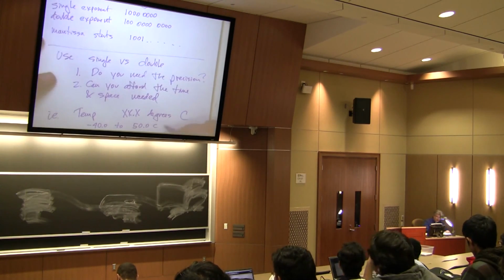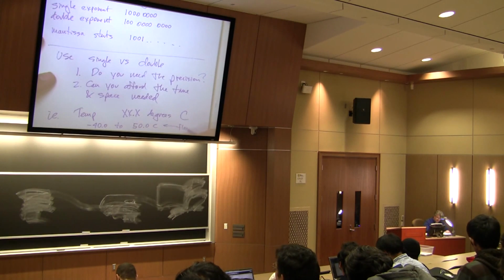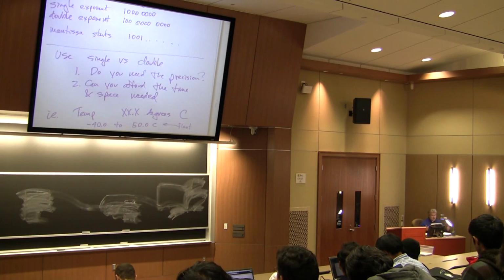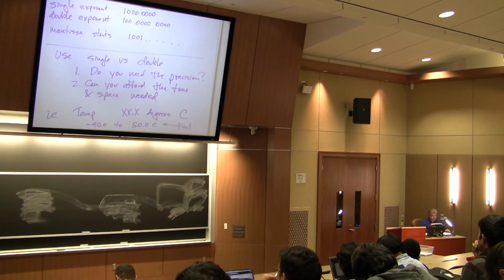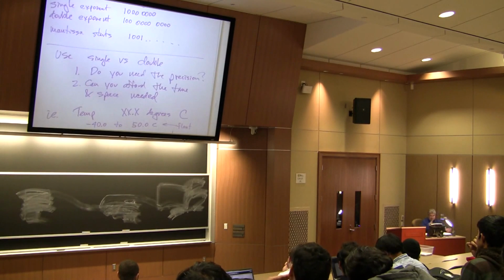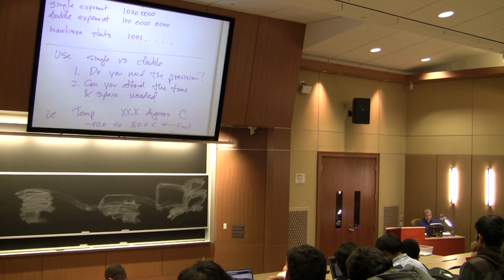So, do you really need to represent this as a float? Or can you do all the computation saying that it is negative 400 to positive 500 and just use an integer? Because an integer will hold that number, correct? 16 bits.